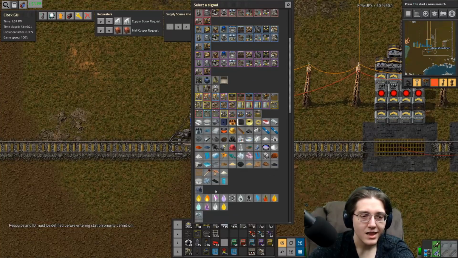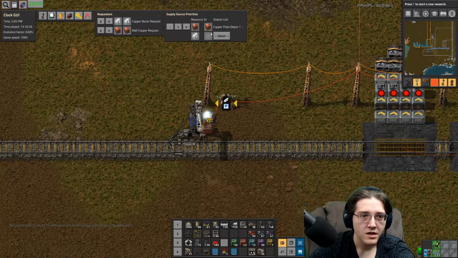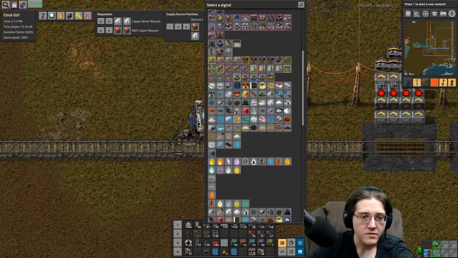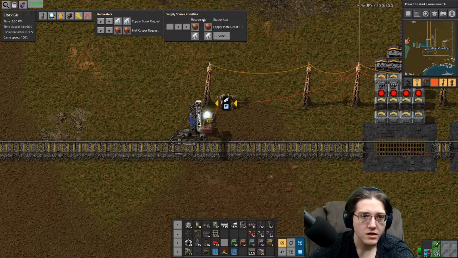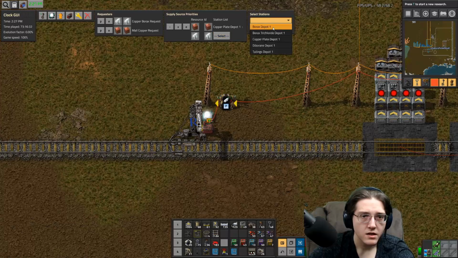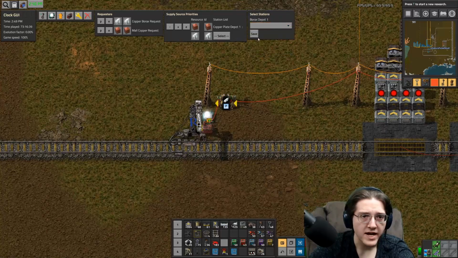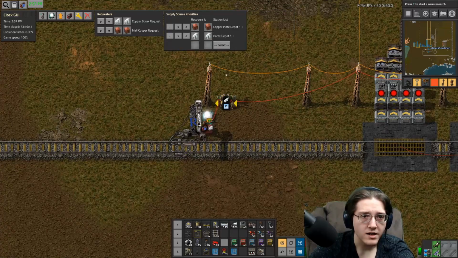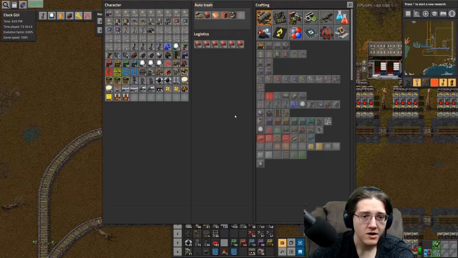Right. That would make sense. Borax... You have to actually tell it that it's the Borax Depot 1. That's that. There you go.